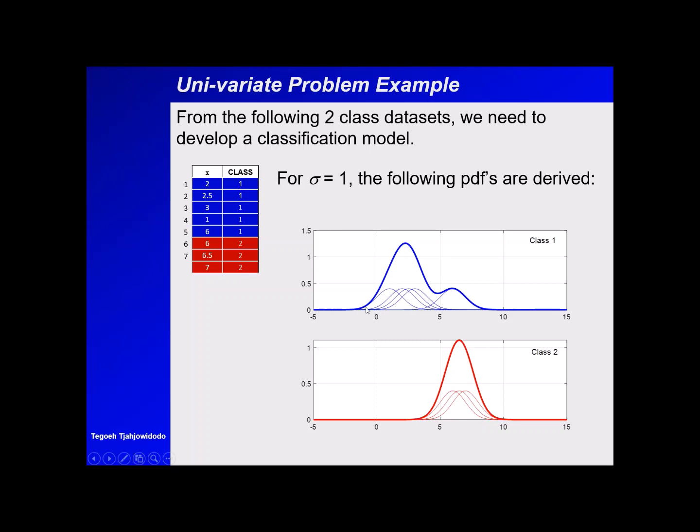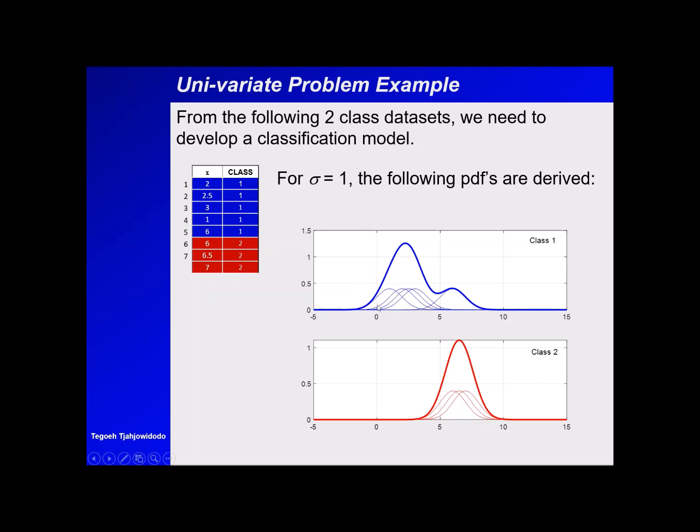And then I construct the normal distribution PDFs for each of the training samples. I will start from class 1 here. Because I have 5 samples, I will construct 5 individual normally distributed PDFs. The first one, the leftmost one, corresponds to data number 4 with a mean equal to 1.